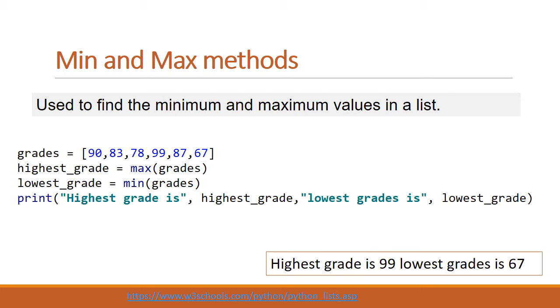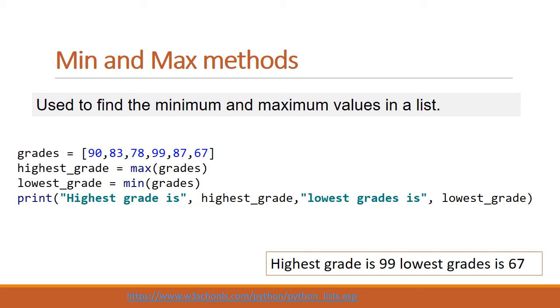Python provides two built-in functions, min and max, that allow us to determine the minimum and the maximum element within a list. In this example, we have our grades list. We can use the built-in max function, passing in grades as a parameter, and it will return the highest value within that list.